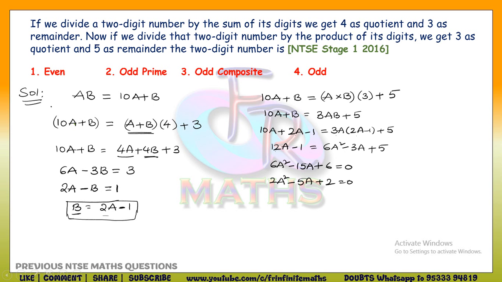Again we got a quadratic equation in terms of A, so from this we can find the value of A. Using the formula, A is equal to minus B plus or minus square root of B square minus 4AC, divided by 2A.